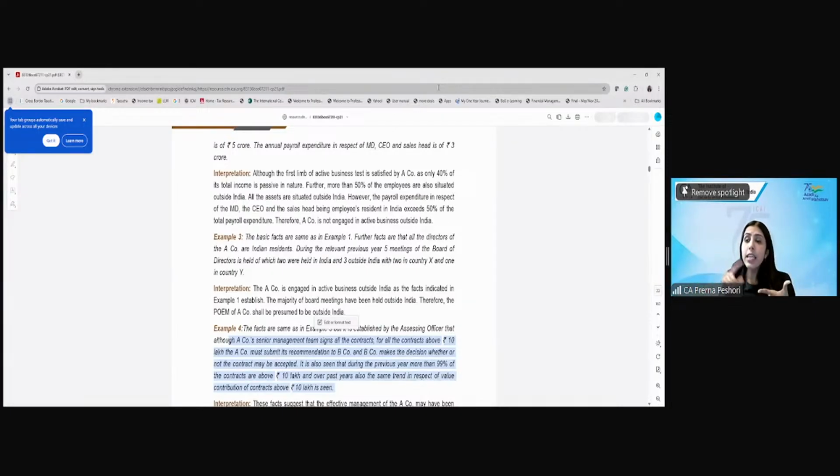That shows that the BCO is exercising the control over ACO's board and it is not ACO working independently. So even if the majority of the board meetings are outside India and ABOI is satisfied, we will say that the POEM is in India. Because in substance, the decisions are being taken by the Indian Investment Company.